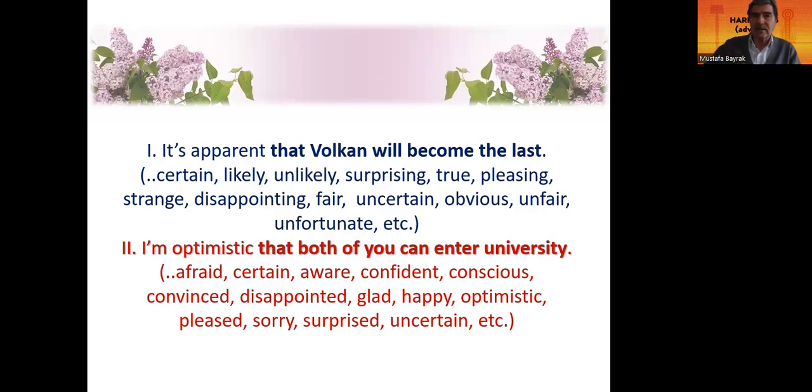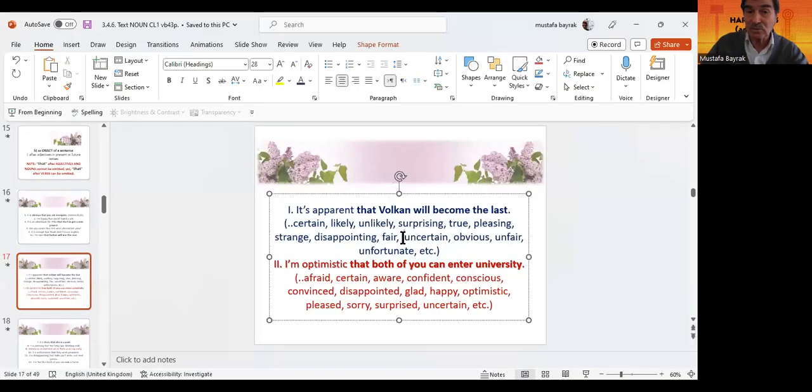It is apparent that Volkan will become the last. It is certain that, likely, unlikely, surprising, true, pleasing, strange, disappointing, fair, uncertain that, okay? It is obvious that, it is unfair that, it is unfortunate that Volkan will become the last.